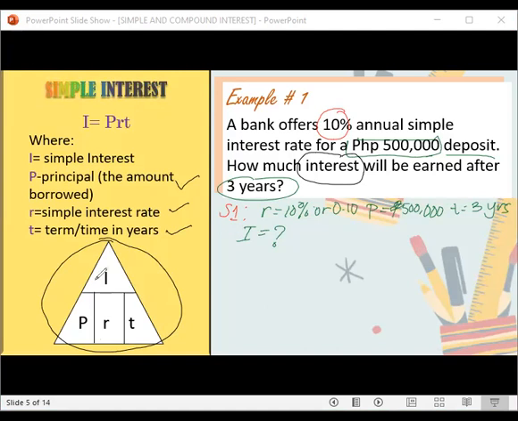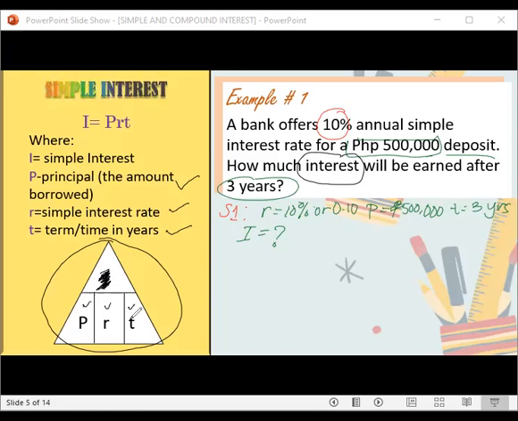So, paano ba? Kung ano yung nawawala, yun yung takpan ninyo. So takpan natin yung interest since siya yung hinahanap natin. Ang natira na lang ay yung principal, yung rate, at yung time.